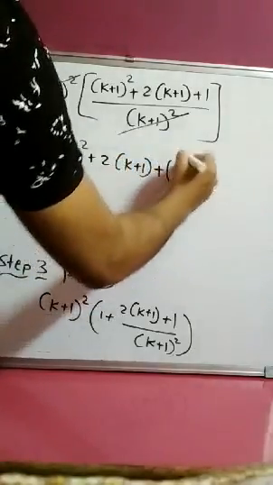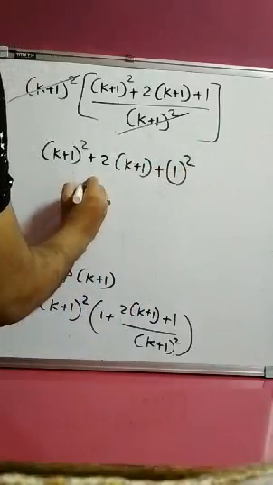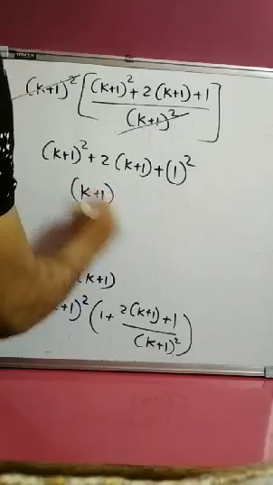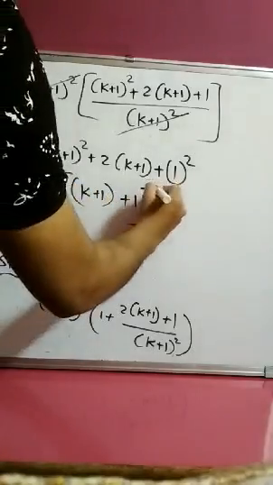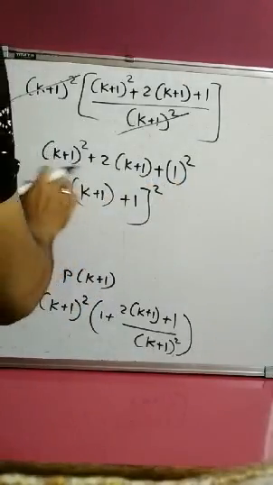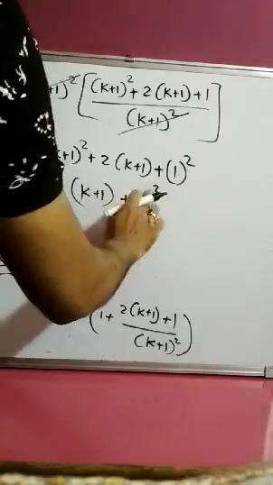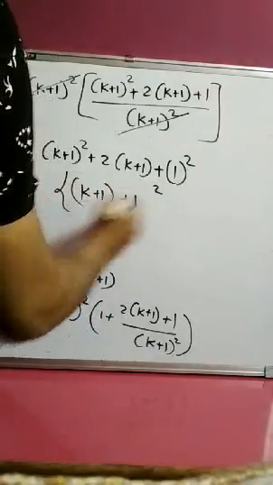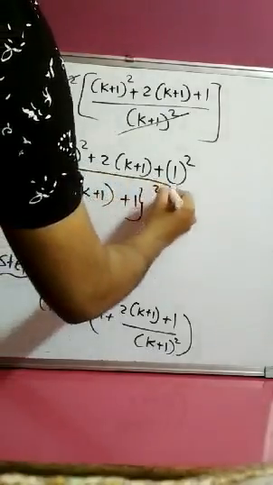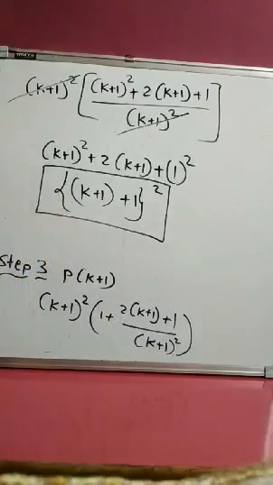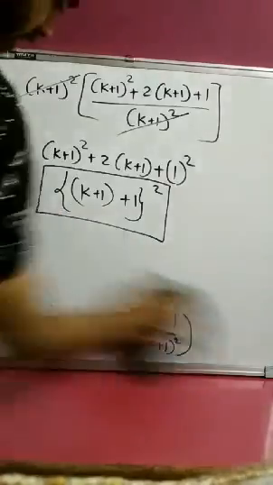If I put here 1 square is 1 only, so it is k plus 1 plus 1 whole square. That's it. This is our answer. Therefore, P of k plus 1 is true whenever P of k is true.